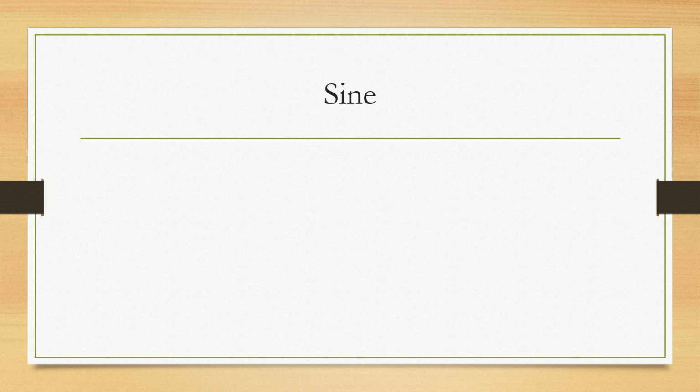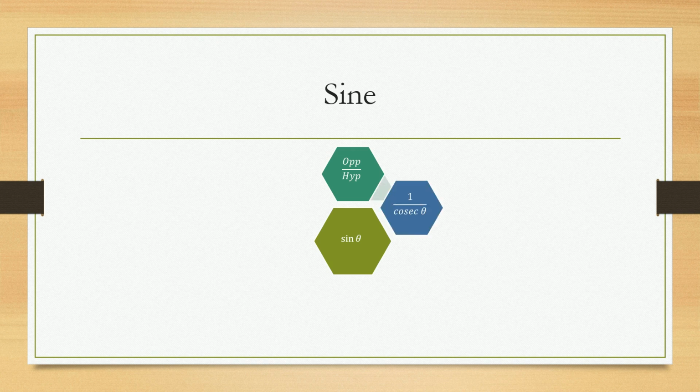Now observe a very interesting relationship, the hexagonal relationship. See how sin theta can be expressed in different ways. As per the definition, it is opposite by hypotenuse. It can be expressed as the reciprocal of cosec theta.